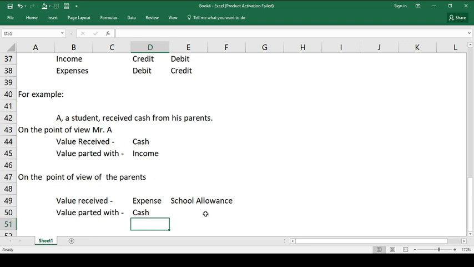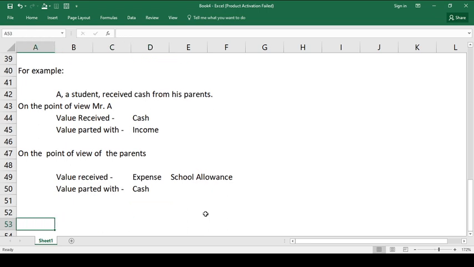Kasi sabi nga, sa bawat pumapasok sa buhay natin, merong lumalabas. Kasi twofold effect po ang accounting. If merong nag-i-increase, merong nagdi-decrease. Naiintindihan po ba? Guys. Yes, sir. Okay. Let's proceed to the last part.